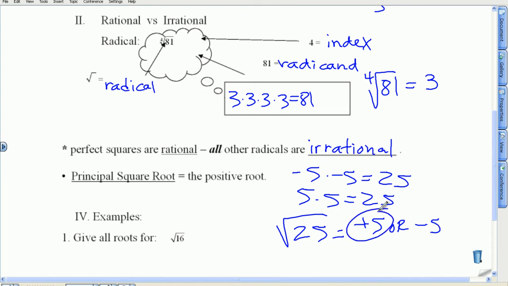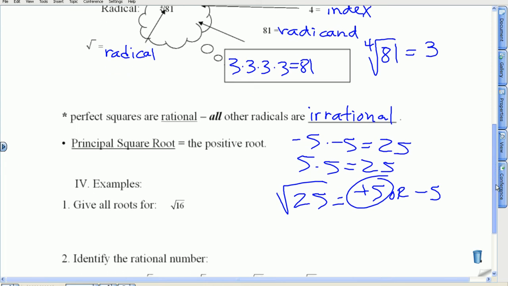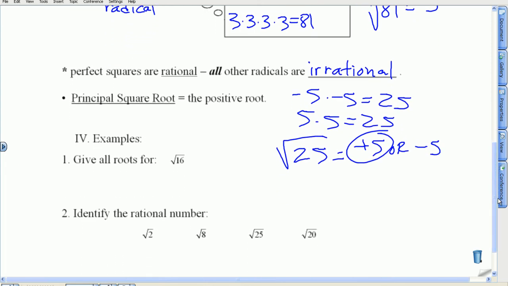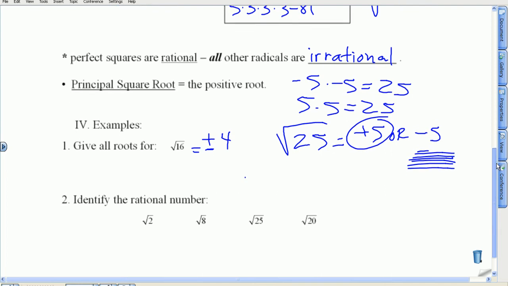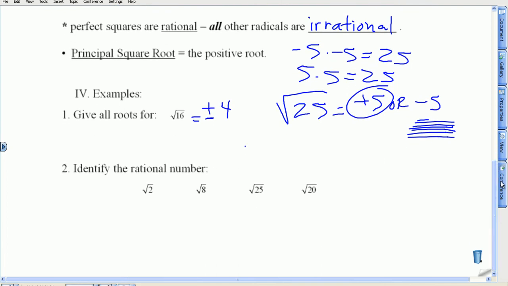And usually we want the positive one. But there's been many good mathematicians that have fallen down because they forget that the square root of 25 is also negative 5. All the roots. If I'm asked for all the roots, I not only want to list 4, but also negative 4. So I can use the plus minus symbol to answer example 1 here. Positive 4 is the square root of 16, but negative 4 is also the square root of 16.